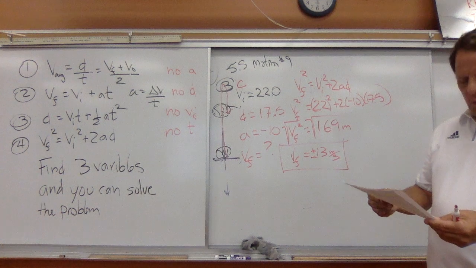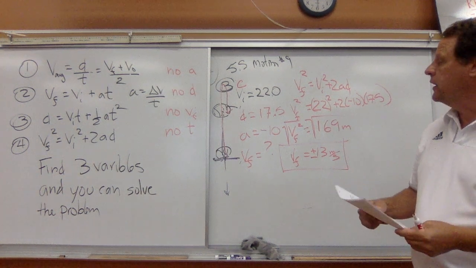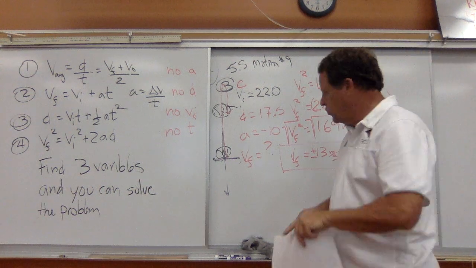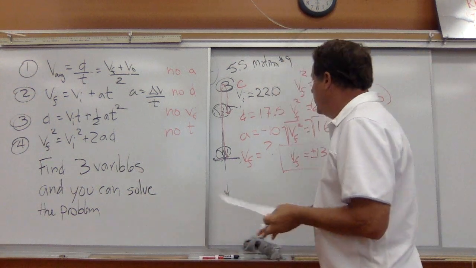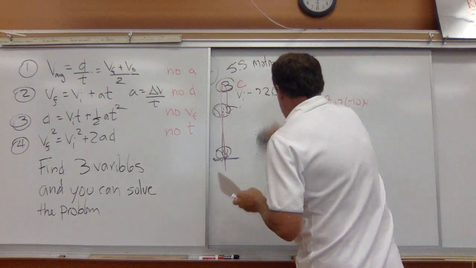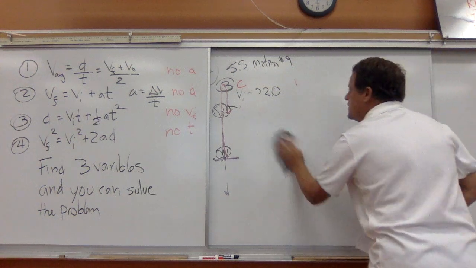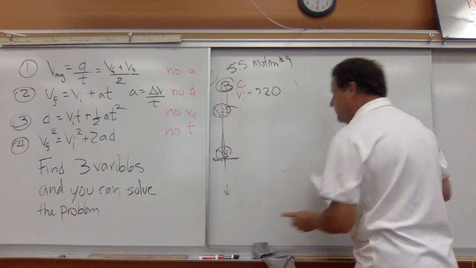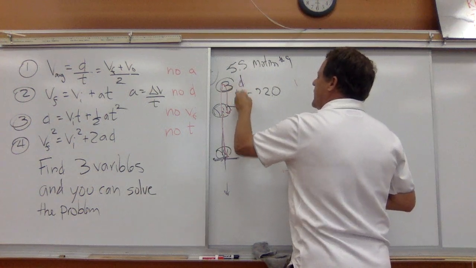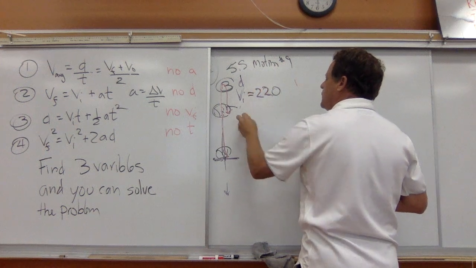Now, finally, we're going to get to 3D, and 3D is: how long is the ball in the air? Again, I am going to switch colors here. Our initial velocity is still 22.